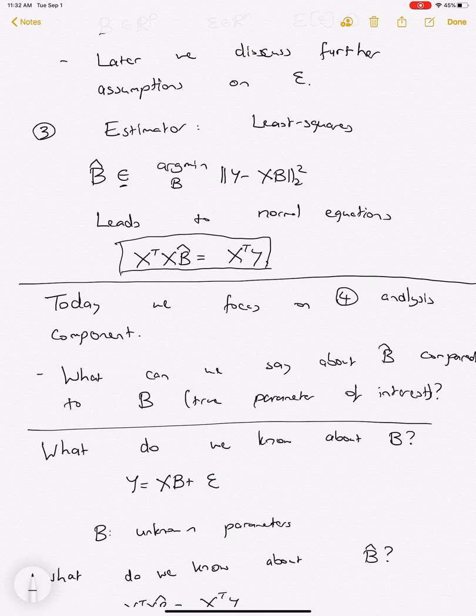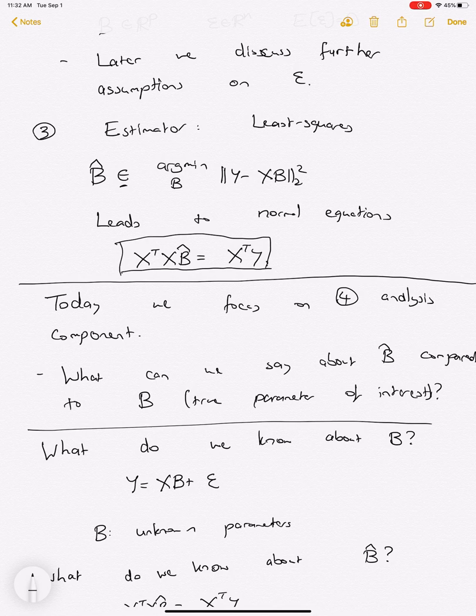So if x does not have rank p, then this is certainly a non-unique solution. And so we'll later make assumptions to make this unique when needed, but in general, this does not have to be unique. And we can see that by taking derivatives and setting to 0, we get what were called the normal equations from the previous lecture, and any solution satisfies these normal equations. So it's x transpose x b hat equals x transpose y, and that holds for any solution.